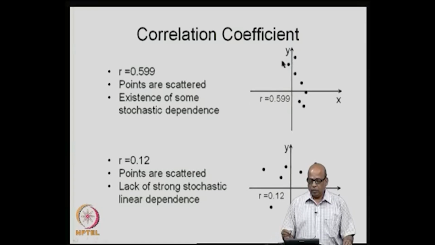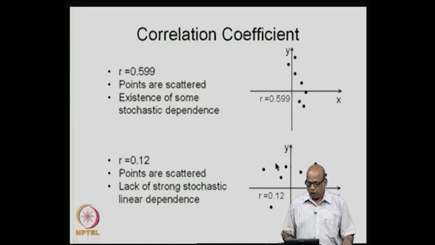So, we will take some examples now. You have observed values of x and y, and you have a certain amount of correlation between them. So, there is a certain stochastic dependence between these two. It indicates that there is a certain linear dependence between x and y.